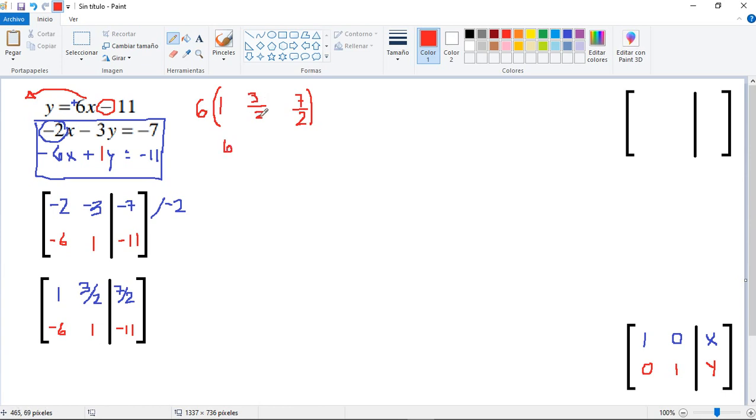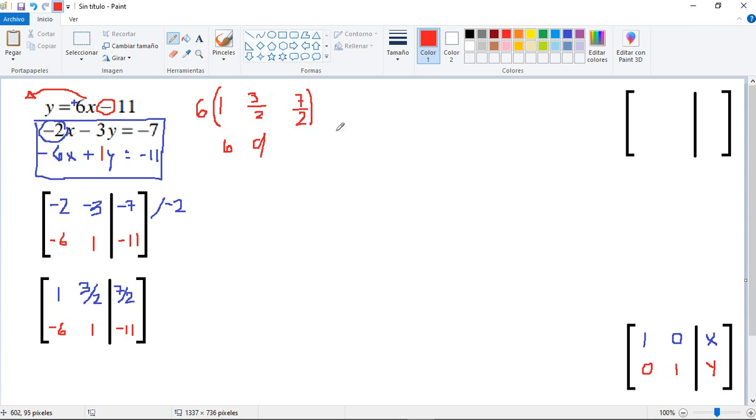6 times 3 halves. Okay, 6 times 3 equals 18 halves. And I can do this operation, right? So instead of writing 18 halves, I can write 18 divided by 2 equals 9. Alright? So 9. And something similar is going to happen here.